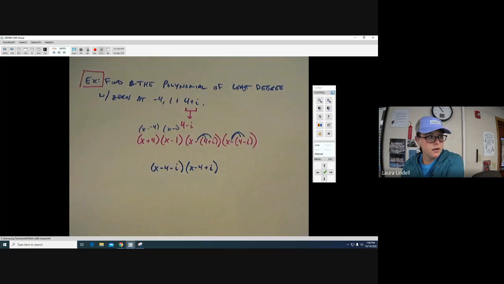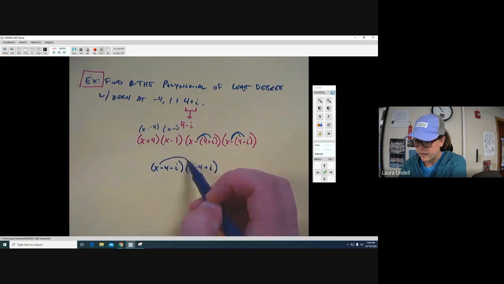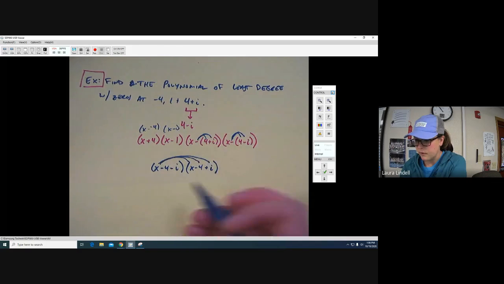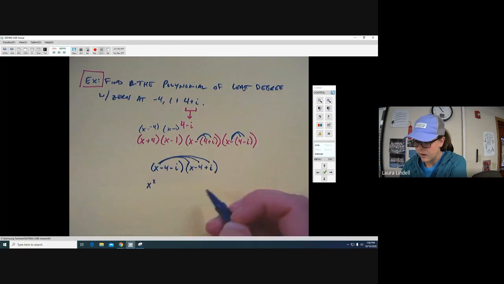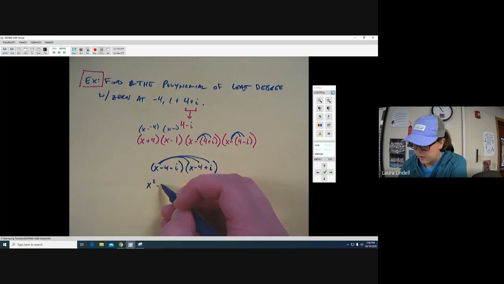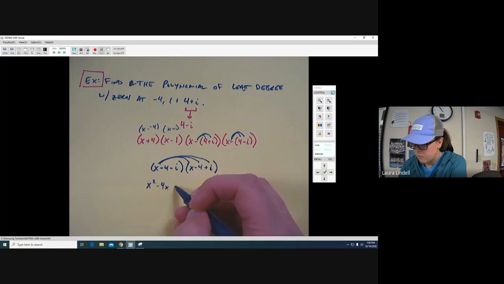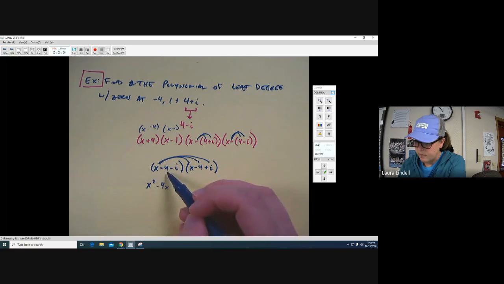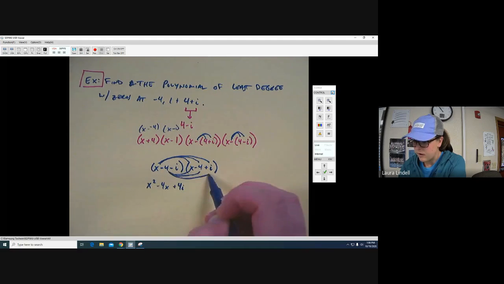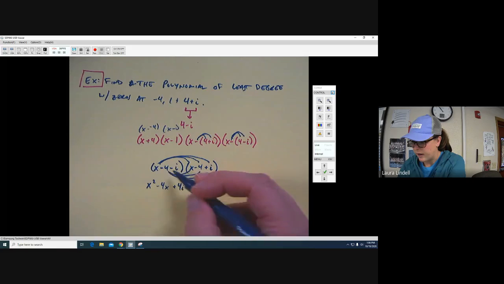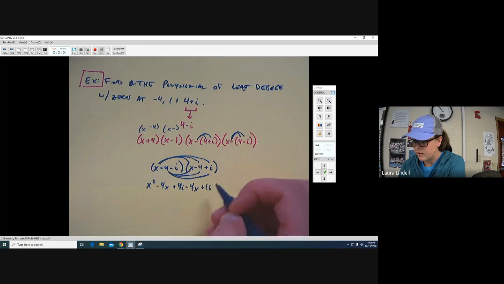Okay. So first I'll distribute the x to all of the other terms. So we get x squared minus 4x plus 4i. Then I'm going to distribute the negative 4 to all three terms. So we've got negative 4 times x is negative 4x. Negative 4 times negative 4 is 16.